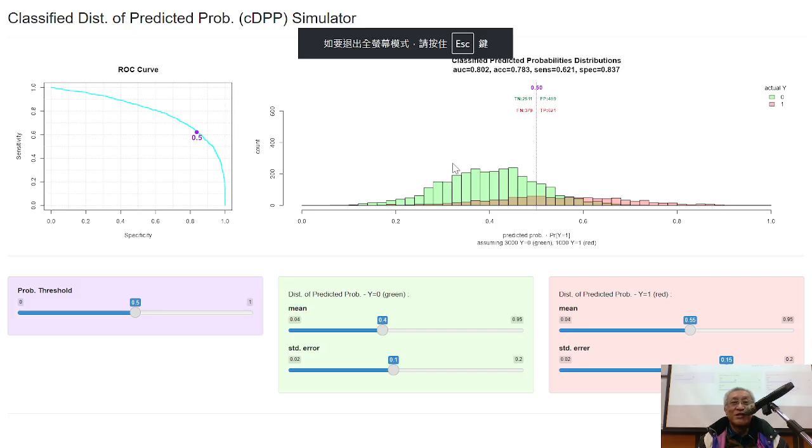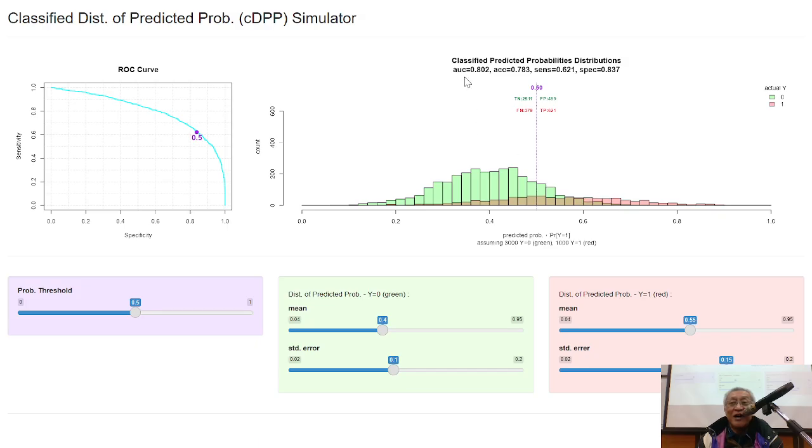Okay, so here, as I see it, this is the classified predictive probability distribution, right? So this is the simulator, and it's simulated, it's not real, right?